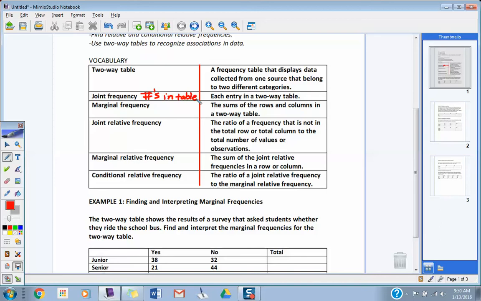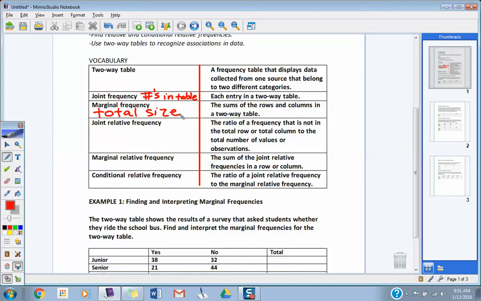All right, marginal frequency. It's going to be the sums of the rows and the columns in a two-way table. Basically, this is the total group size, if you will. It's the total size. Okay, marginal frequencies are going to be the totals of each column and each row.